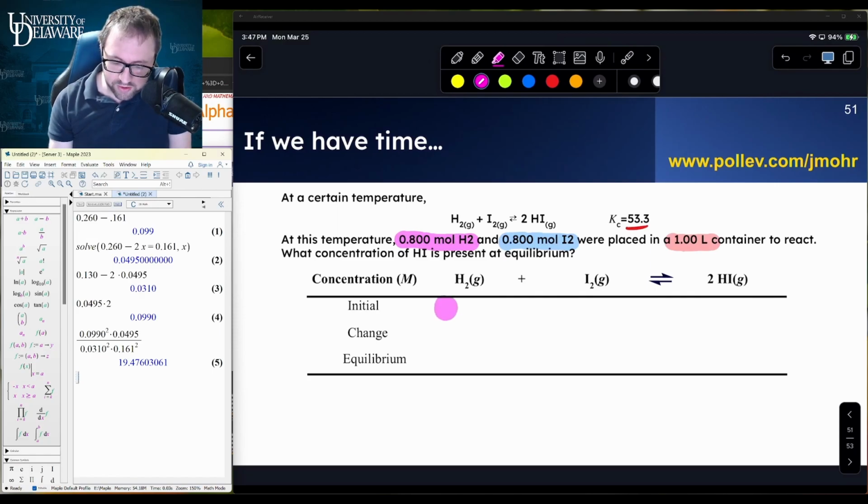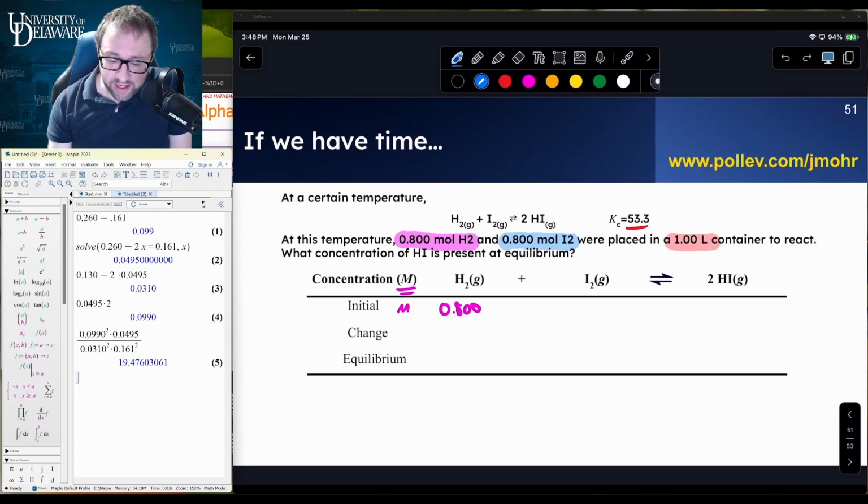So we're told that the initial concentration of hydrogen is 0.800. Remember, this is molarity, all right? So this is molar. By coincidence of this volume, it works out to be the number of moles present, but we want to be really cautious that we don't just assume the moles present in the problem are the molarity.